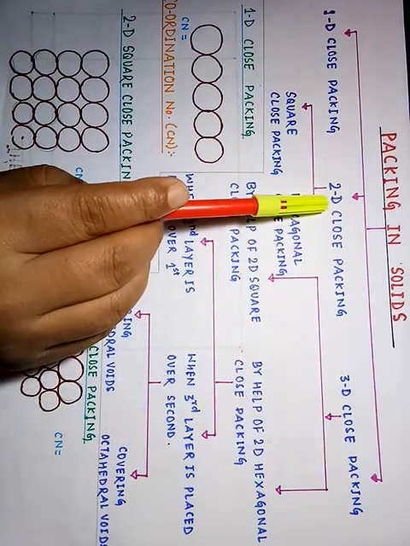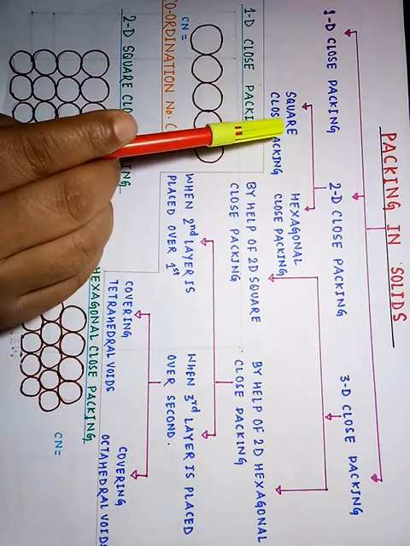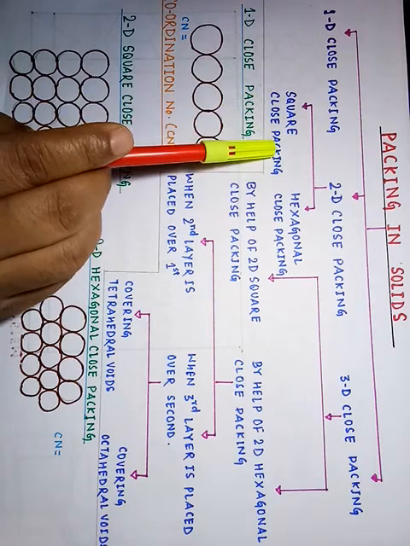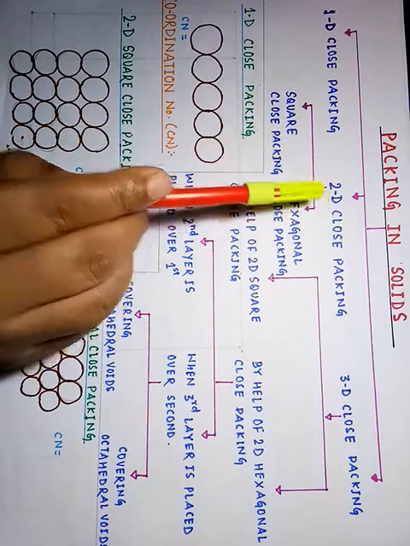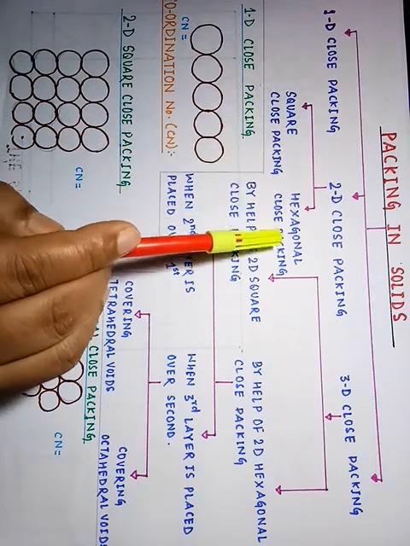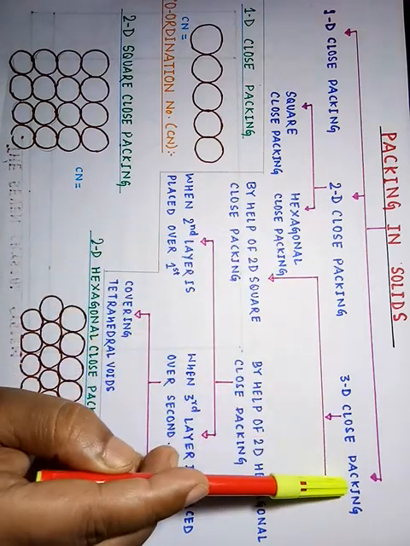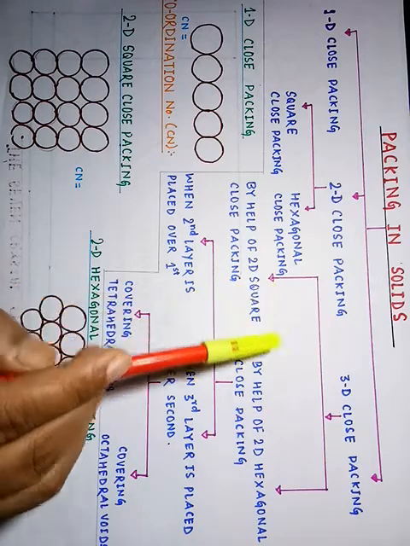Now this two-dimensional close packing is further subdivided into two-dimensional square close packing and two-dimensional hexagonal close packing. The three-dimensional close packing is of two types.